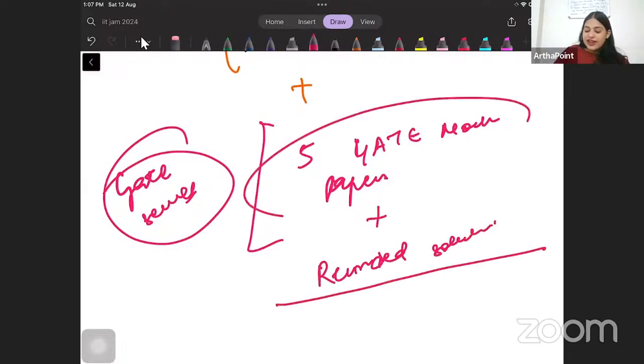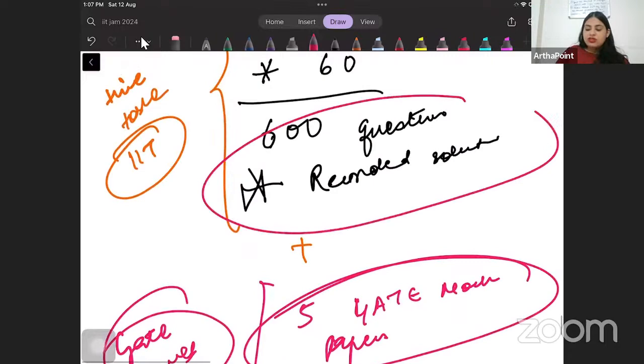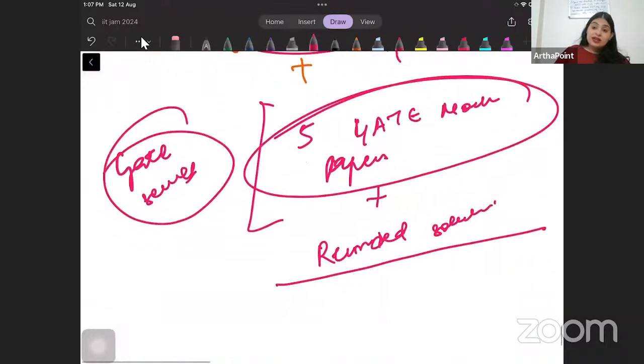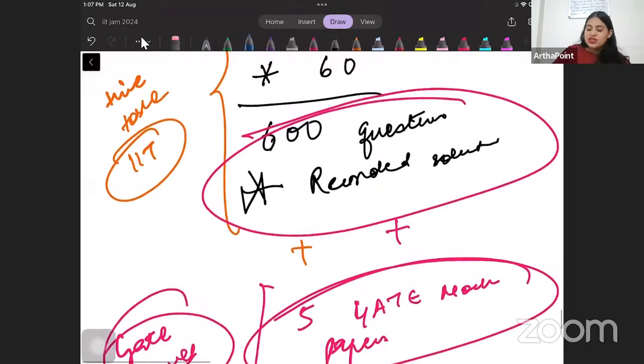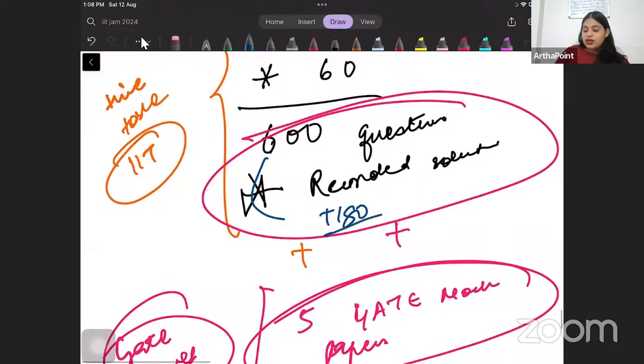ठीक है, तो 5 GATE mock papers, 600 of these questions, and imagine for IIT, you already have 180 questions coming from past years. 3 past year paper हो गए, तो ये 60 60 60 180 questions ये भी practice हो गए. So बेटा 600 plus 180, 780 questions यहाँ practice हो गए.